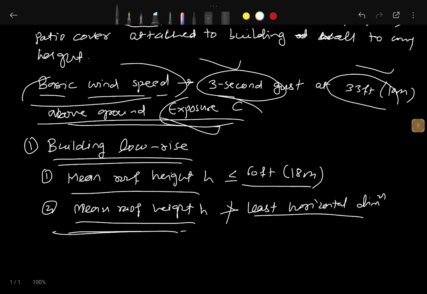Design force is nothing but the equivalent static force to be used in the determination of wind load for other structures. Design pressure is nothing but the equivalent static pressure to be used in the determination of wind load for buildings.